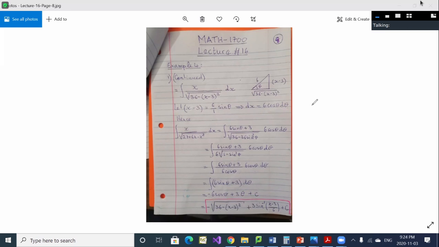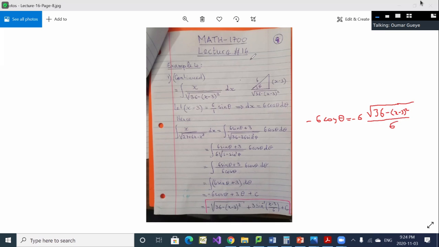Yes, it is. So now the 6 cancels out because you have here minus 6 cosine of theta. So cosine of theta, you can get it from the right triangle, it's going to be the adjacent side, the square root of 36 minus the bracket x minus 3 squared, over the hypotenuse.